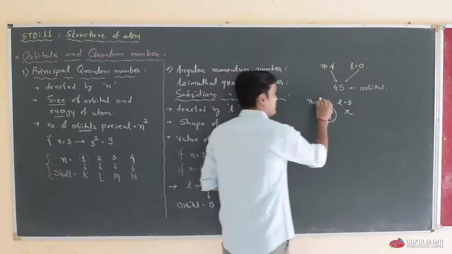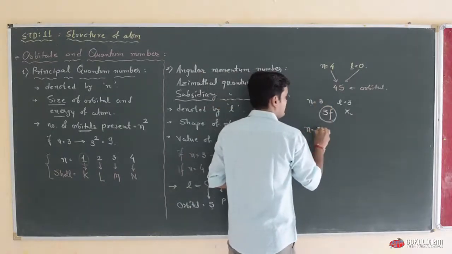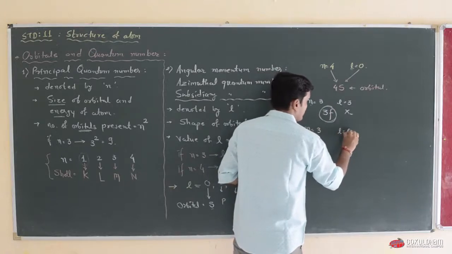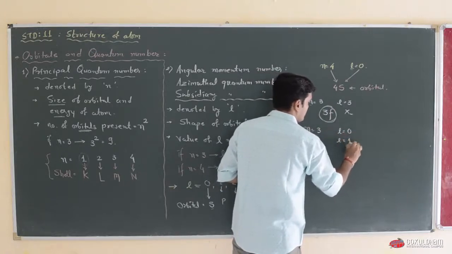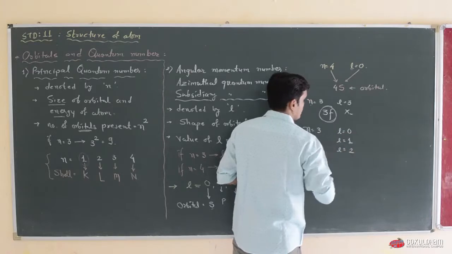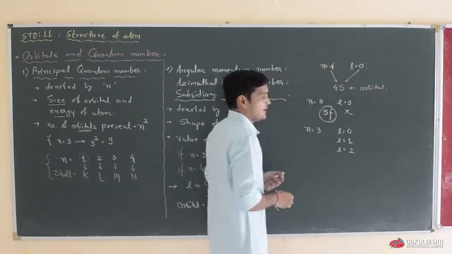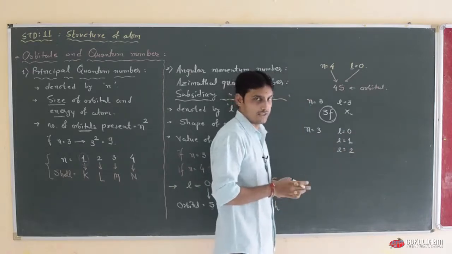So you have to keep in mind that if n is equal to 3, then L must be 0, 1 and 2. There is no possibility of L equal to 3.